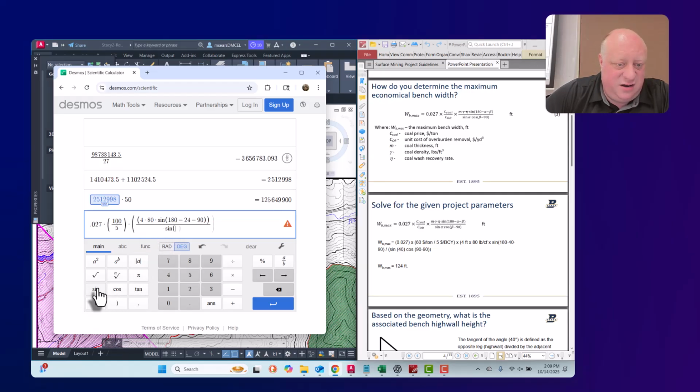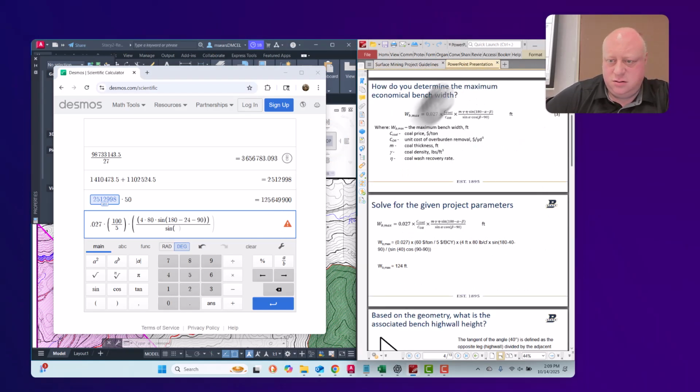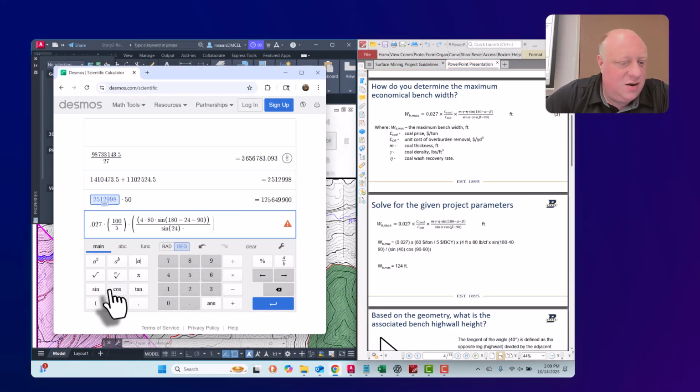the sine of, I forget what it was again, 24 degrees, multiplied by the cosine of, it's 0 again, because 90 minus 90 is 0.